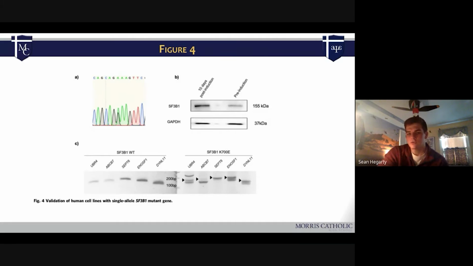They used that as a control to show it has the same levels pre and post induction. And then they used the experimental SF3B1 protein to show how pre-induction there wasn't much protein produced, and how post-induction the production of that protein was way higher.